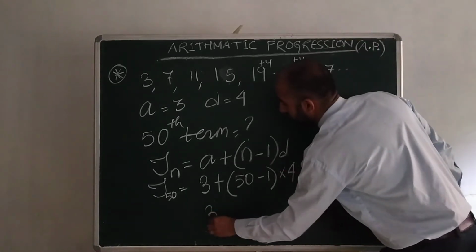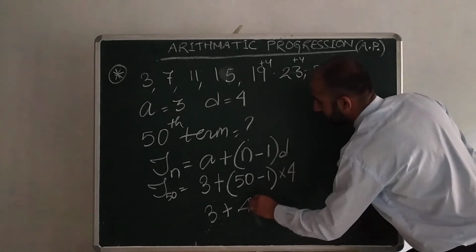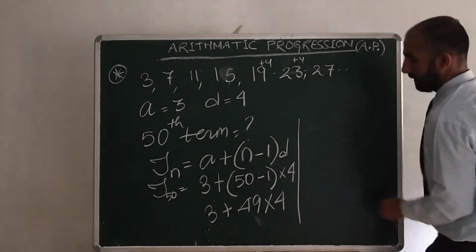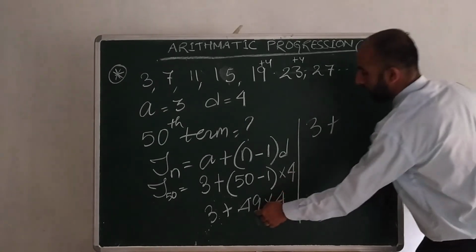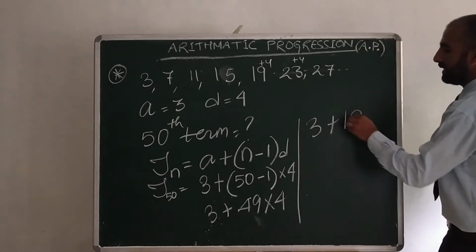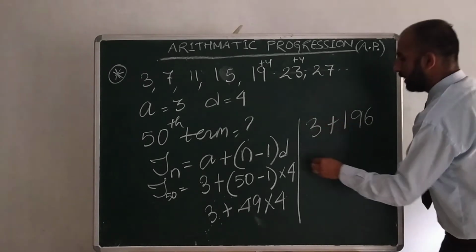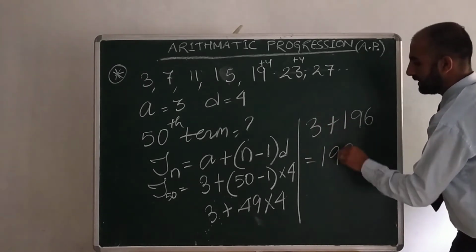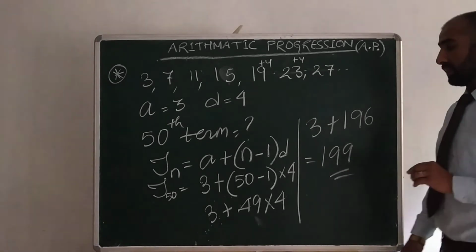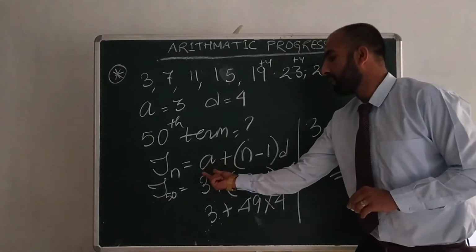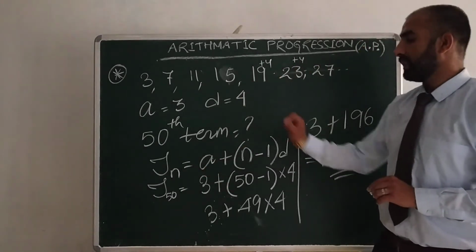So 3 plus 49 into 4. So 3 plus 49 into 4 means 196. So 196 plus 3, that is 199. Isn't it easy? It is a very easy and useful formula to find a particular term in a given AP.